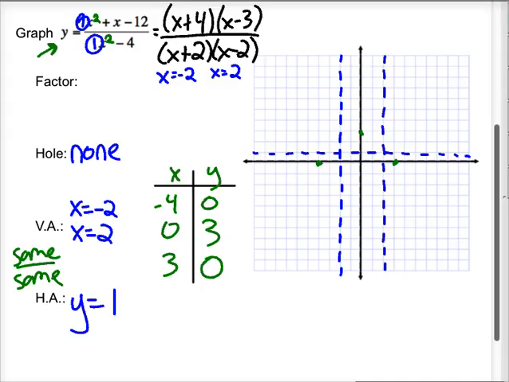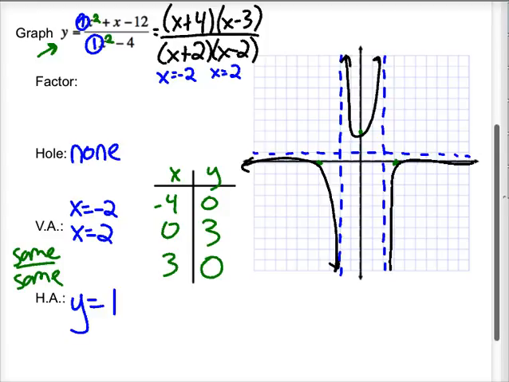All right, I don't expect it to be perfect. I don't need a ton of points. I just want you to have those couple points just so you know approximately where it should be. And then you use a calculator to simply sketch the rest of it.